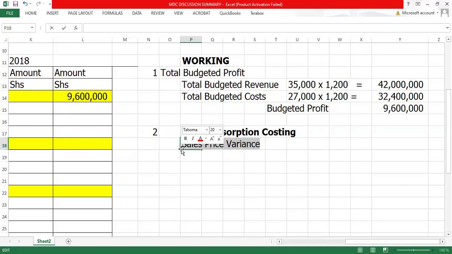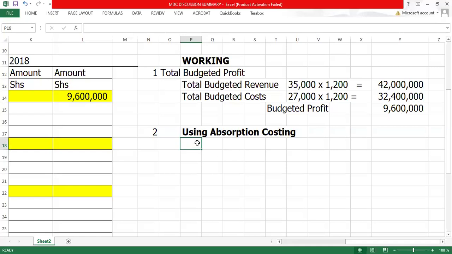When you're looking at absorption costing, for you to deal with sales price variance, you need the standard budgeted profit.